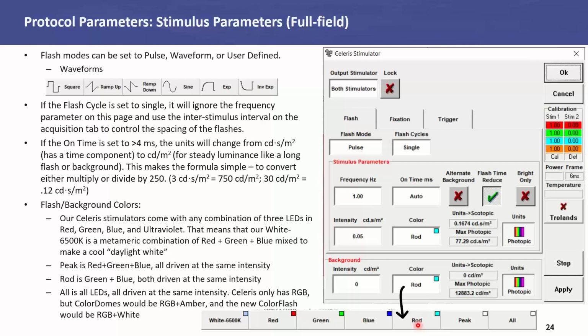So all things considered, a flash of 3 in white is going to look dimmer to a rat or a mouse than a flash of 3 in rod. So you might consider using rod in your protocols instead of white. We typically provide white as our standard because that's what everybody else does, because that's what everybody else can do. But rod might give you better responses. So something to consider.